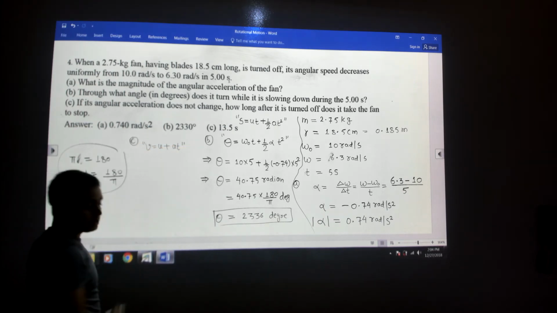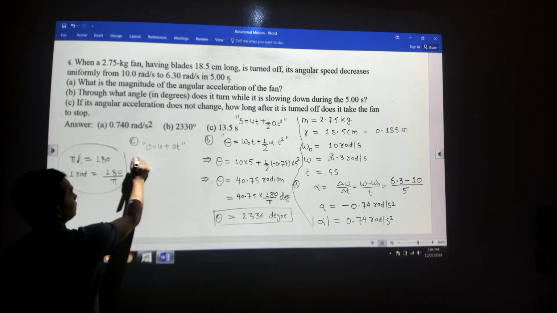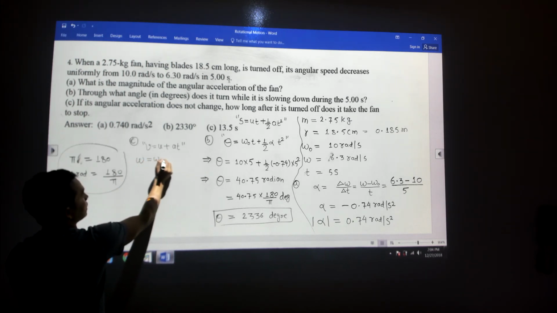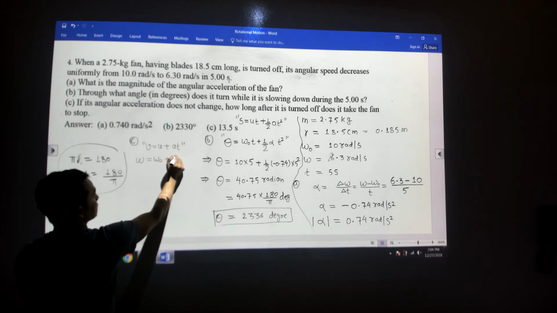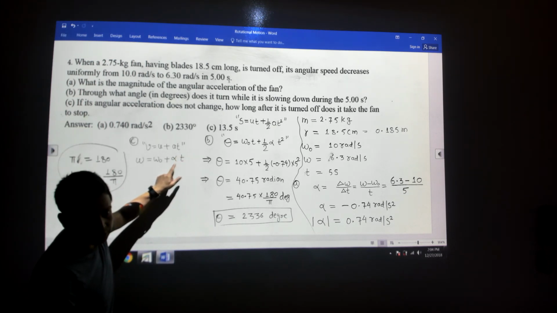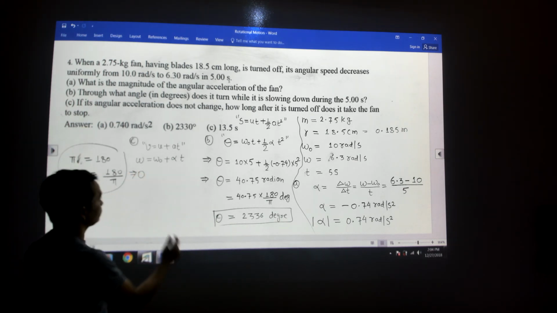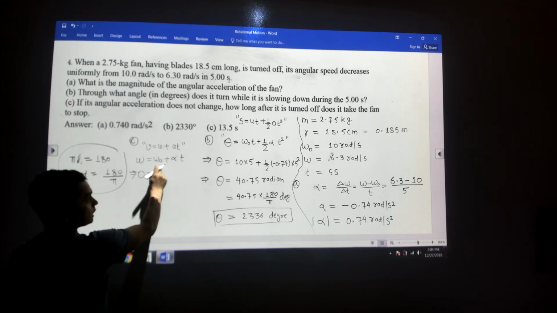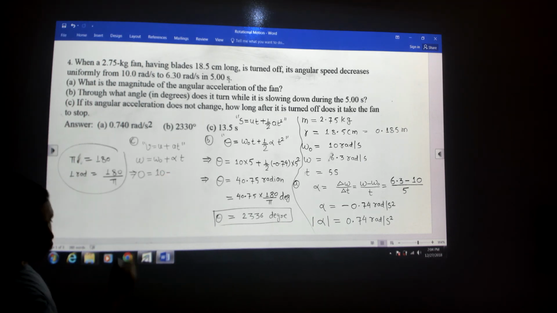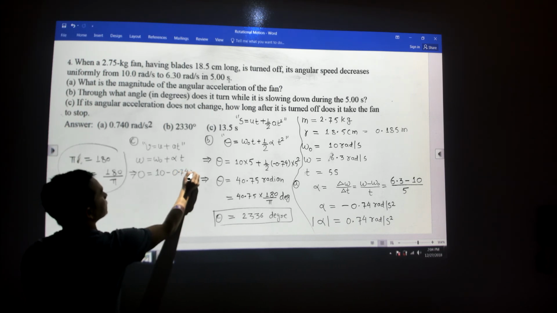This is in linear motion, and if I need to translate this into the rotational motion, this would be omega, the final angular velocity, plus omega naught, the initial angular velocity, and the angular acceleration alpha times the time. If we need to find out what the time is, the final angular velocity has to be 0 because it is stopping. It will finally stop. Omega naught is given, which is 10. Alpha is also given, 0.74, and then times t.